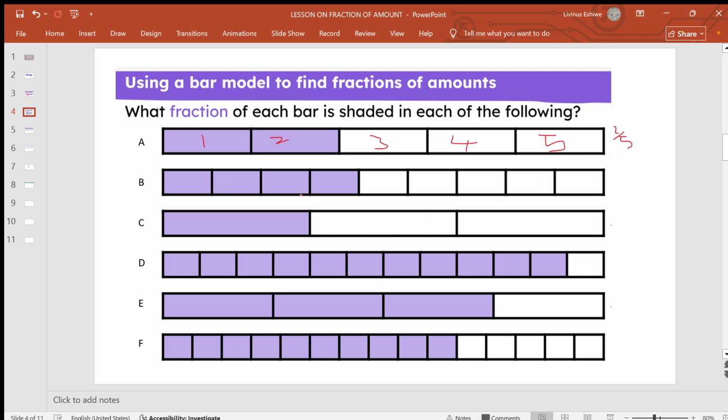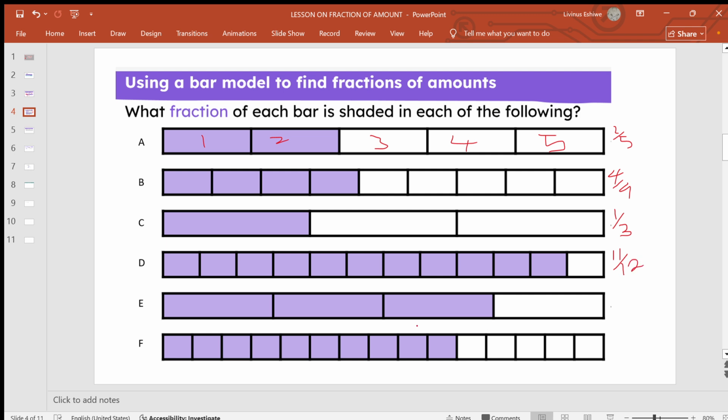Now, if I move forward, for B, I believe you are counting now with me. B, I have 9 parts with 4 shaded, which will be what? 4 out of 9. And if I move forward, clearly C is 1 part shaded out of what? 3. D, count carefully, you have 12 parts and then 11 have been shaded.